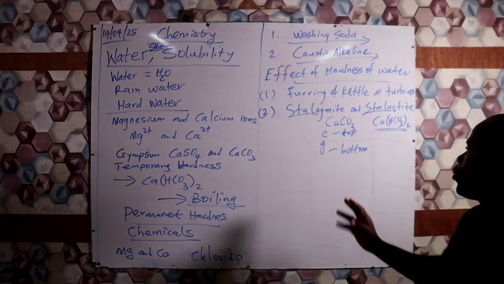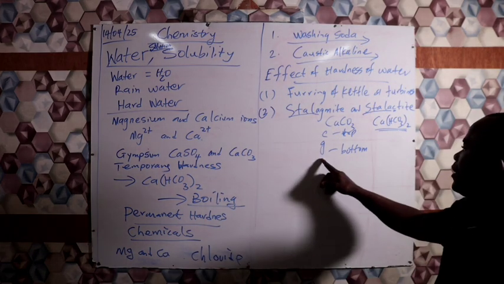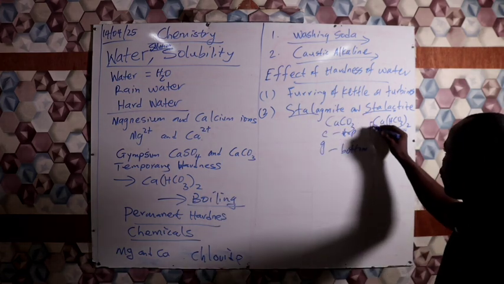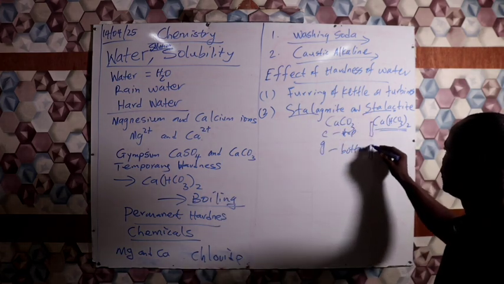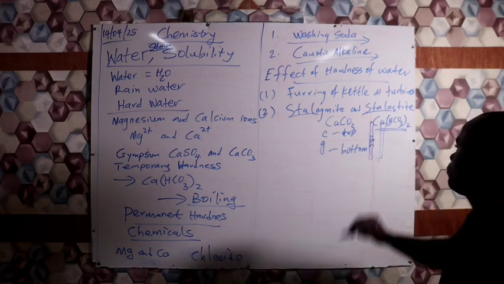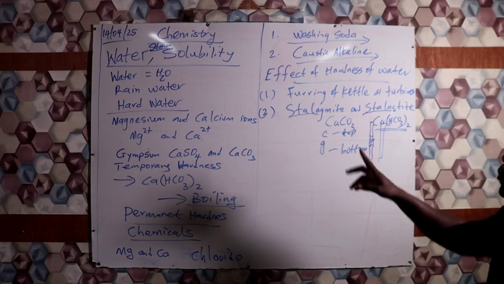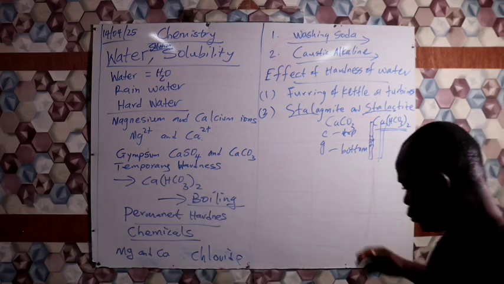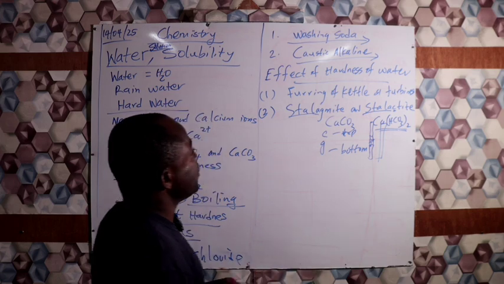Then the one growing from the bottom to the top is this stalagmite. So both of them, this one coming from up and this one coming from down, they will definitely meet somewhere and form the pillar. That is the pillar that is formed in the cave. Okay, so that is for the effects.